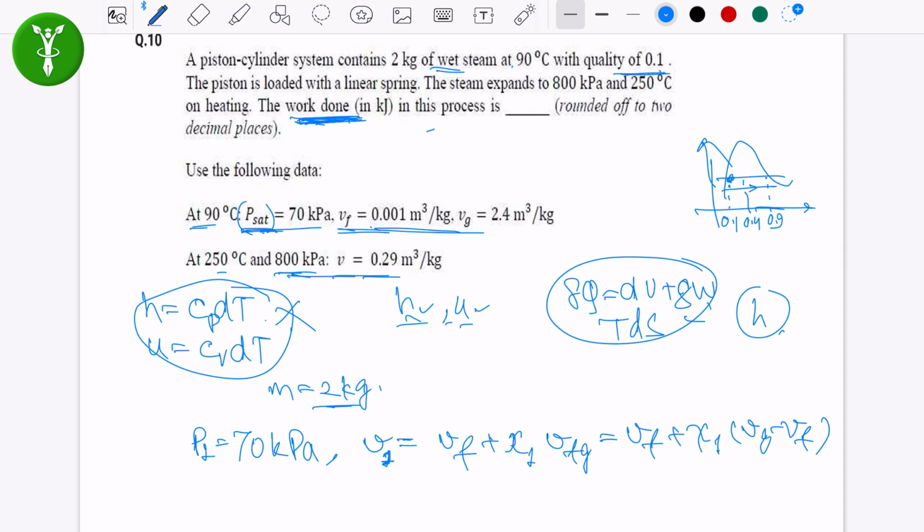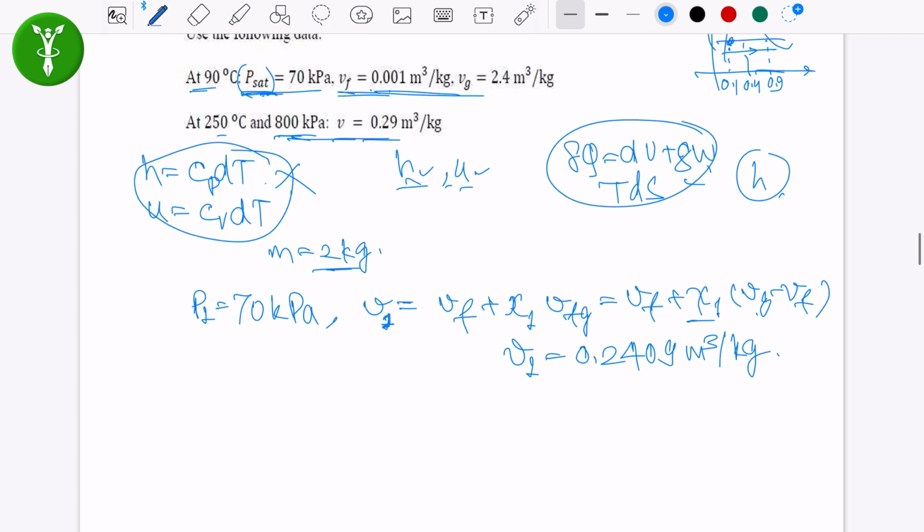If we put it there, Vf is just 0.0001, Vg is 2.4 meter cube per kg, x1 is 0.1. So we'll get V1 as, I have calculated already, 2.409 meter cube per kg.